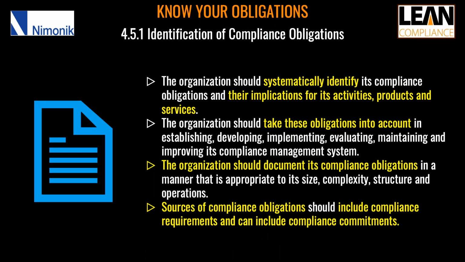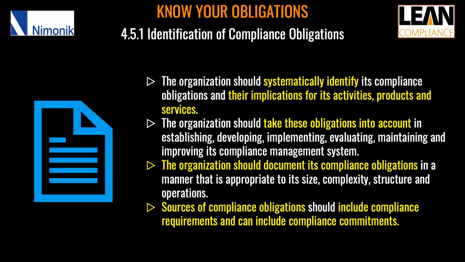Okay, so here's what the text says regarding section 5.1. And I've highlighted the parts that I would like us to focus on today, and the ones that specifically call out pieces of information, something that we need to know. Well, what do we need to know? We need to know what the process is to identify our obligations. That's important.